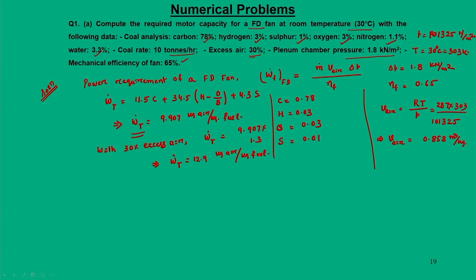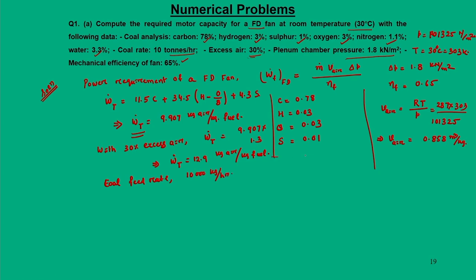Now, what is the fuel flow rate, the fuel supply or coal feed rate? Coal feed rate is 10 tons, or 10,000 kg per hour.